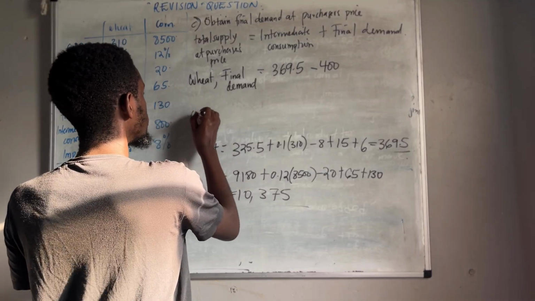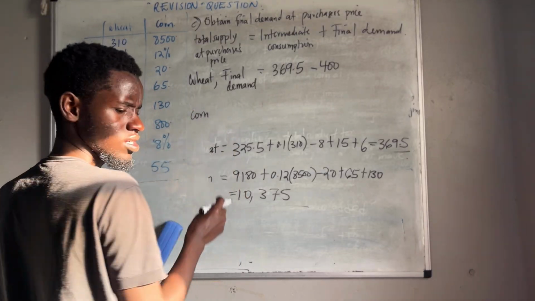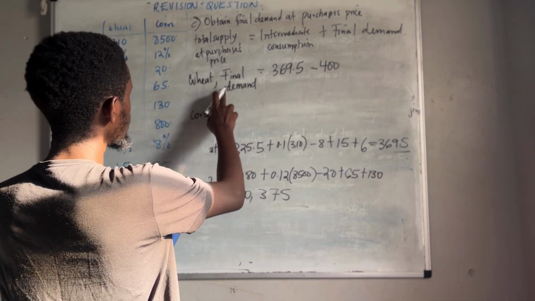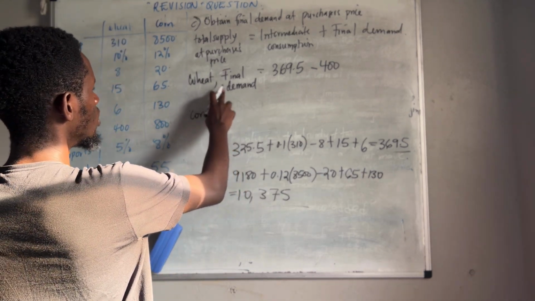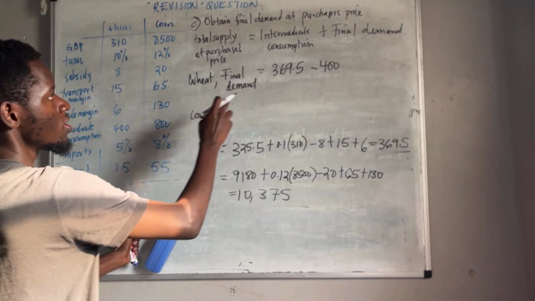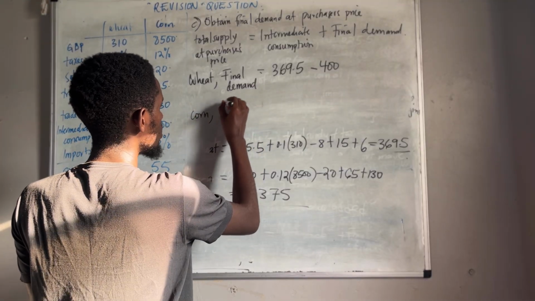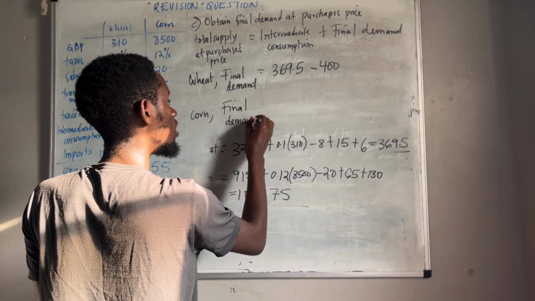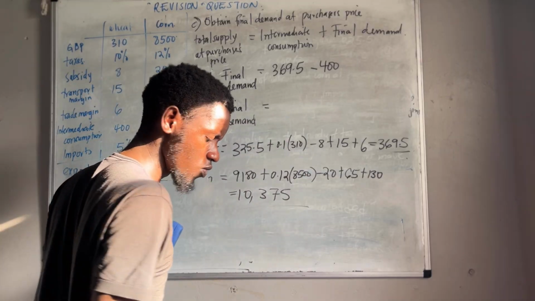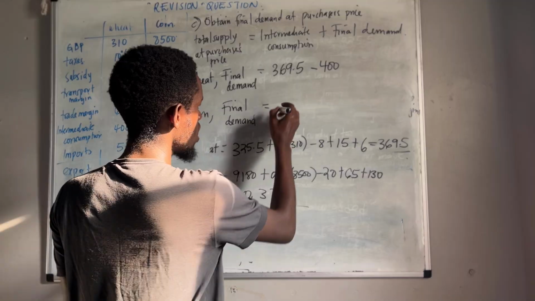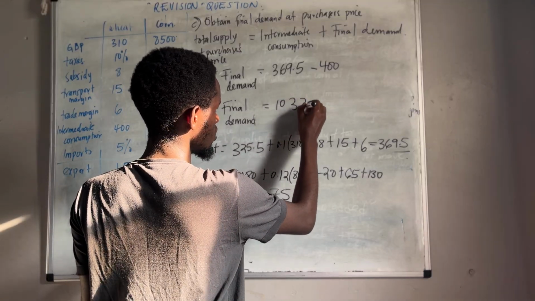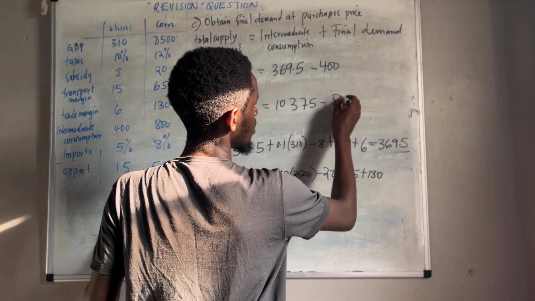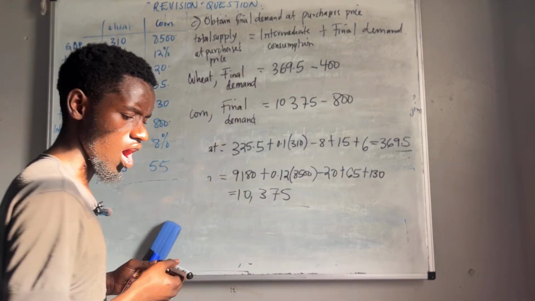And then for corn, final demand is going to be this value we have here, which is 10375, minus intermediate consumption, which is 800. Yes, now we have our answers.